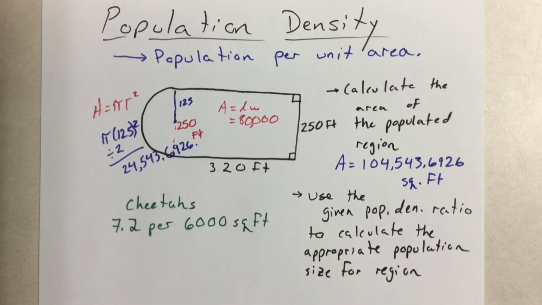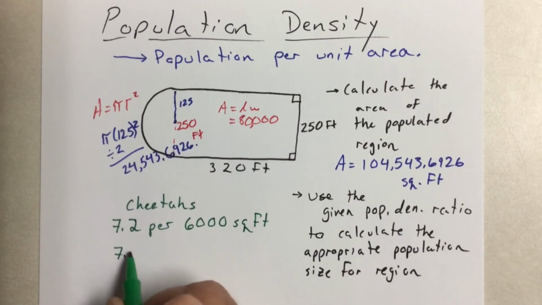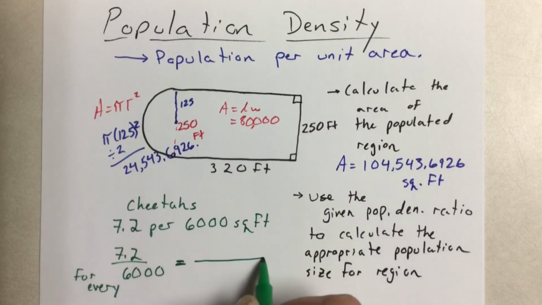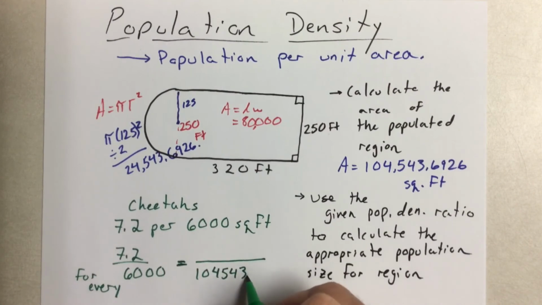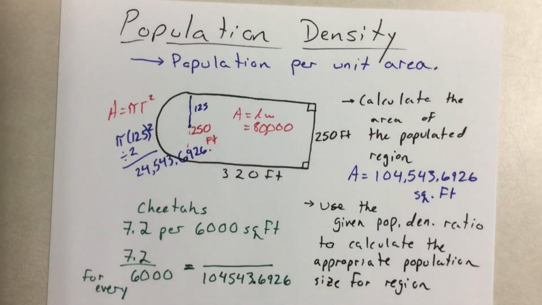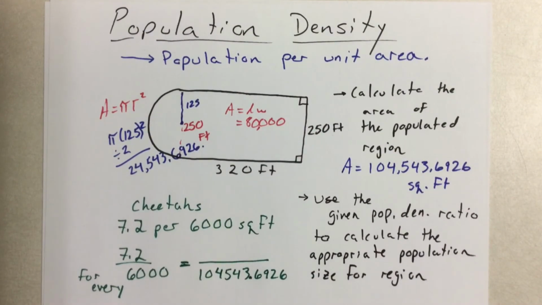Now, yeah, you can't have 0.2 cheetahs. Well, sure. But when you expand this out to large areas, that 0.2 does make a difference, and we'll just round the decimal off there. So, how do we utilize this? Well, this means that 7.2 for every 6,000, and we have 104,543.6926, and this looks a lot like a proportion that we can just cross multiply and solve.